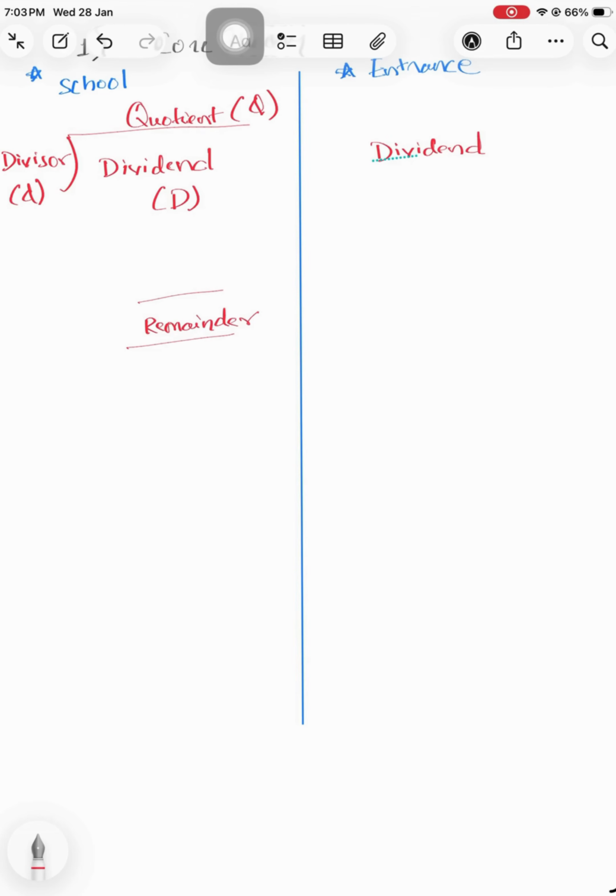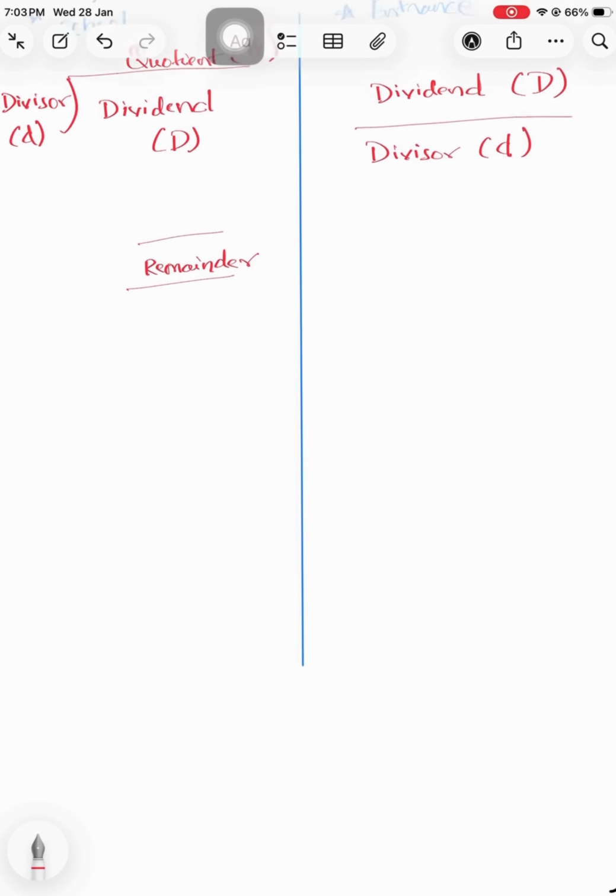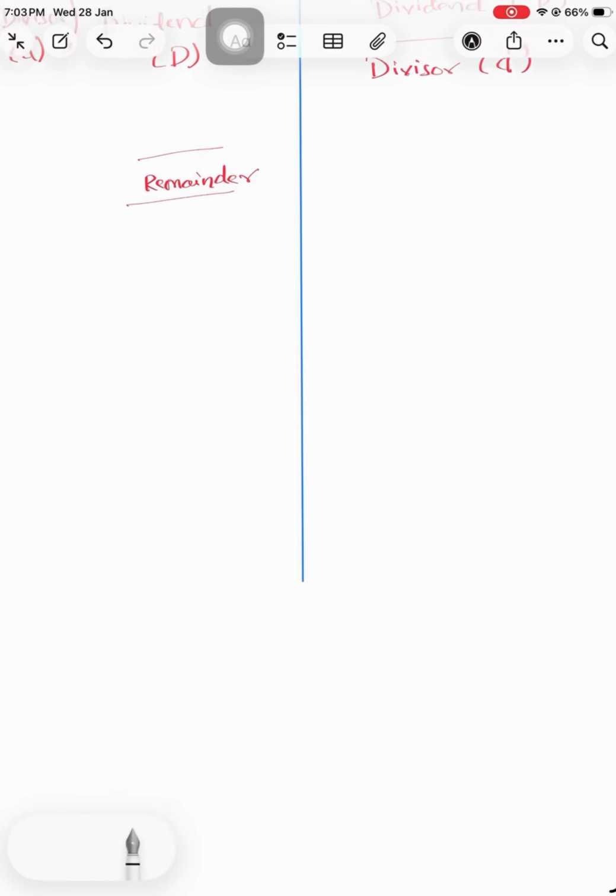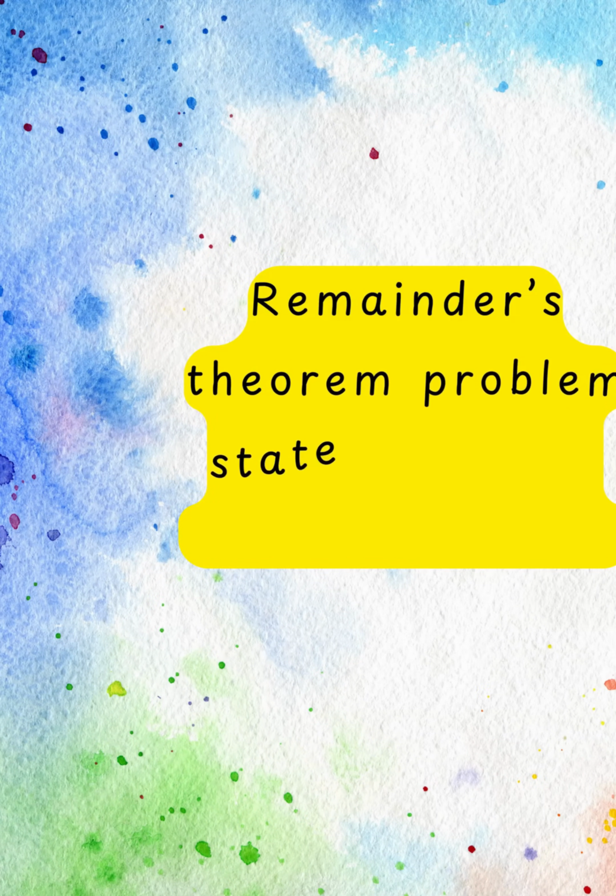But on the contrary, in today's MBA entrance examinations, the same problem statement is expressed in the ratio format. So ratio already has a numerator and denominator, but the value in the numerator is expressed as capital D, dividend, and the denominator as a small d, which is divisor, for the problem statements based on the remainders theorem.